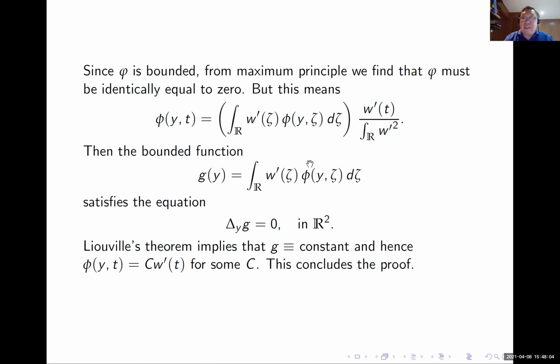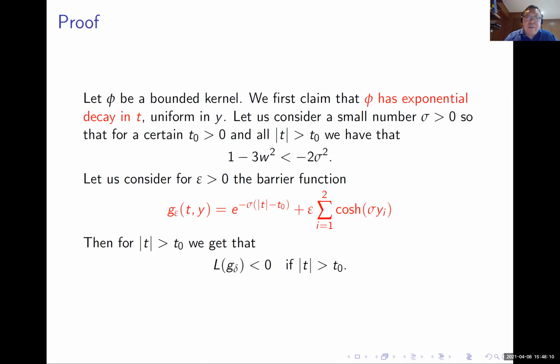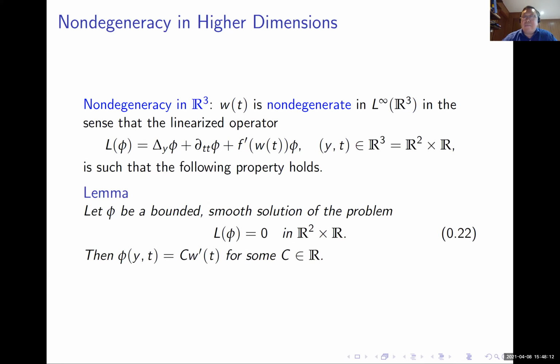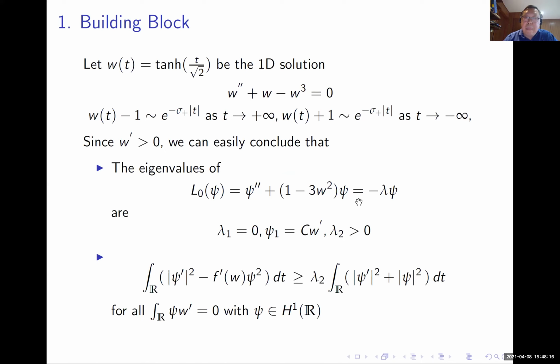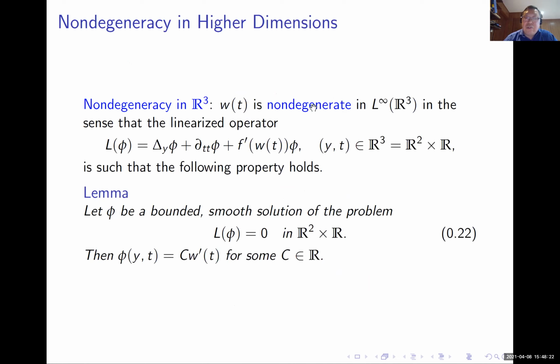So what I have done today is to study the non-degeneracy of the building block in high dimension. We know the non-degeneracy of the building block in 1D; this is very easy to see. But now we show that W is also non-degenerate in high dimension.